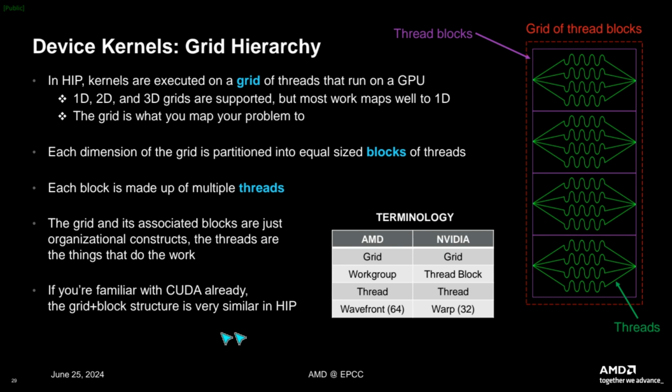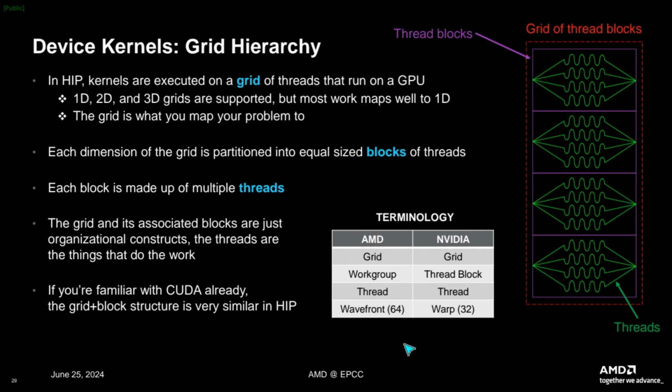It's important to remember that we have to differentiate between software objects and hardware objects, and the threads in this case will be software objects. Before executing your GPU kernel, you have to define this grid of threads. You pass that information to your kernel, and then the kernel executes on this grid, which doesn't really exist in the hardware, and is more of a construct.